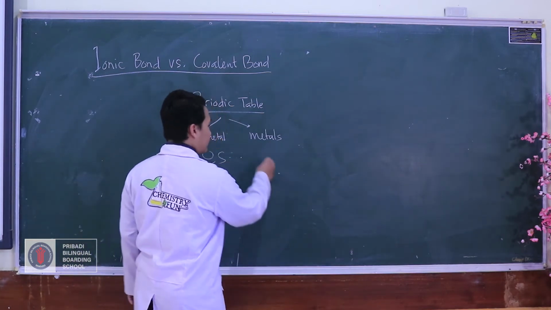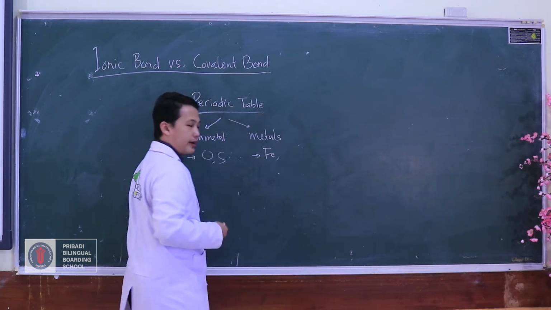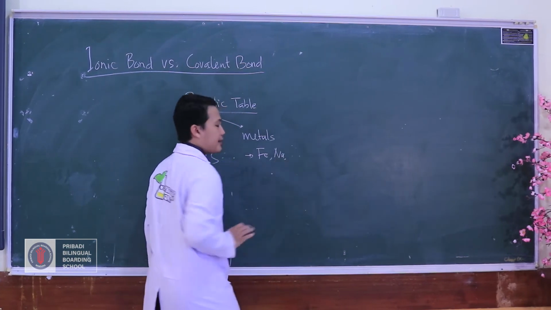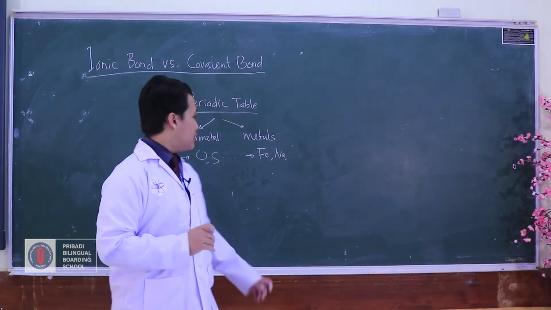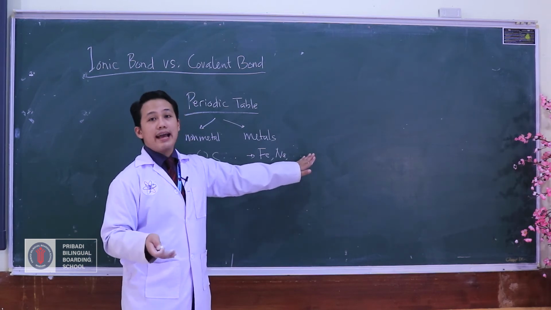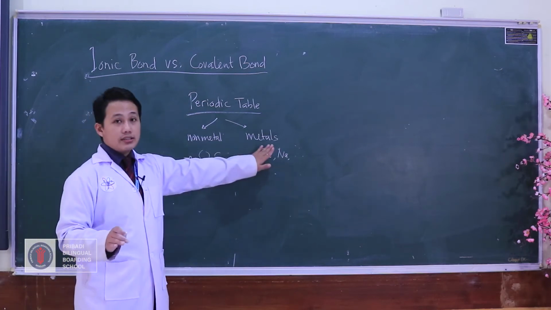For the metals, let's say there is iron. What else? There is sodium and many others. So please, it's your job to complete the examples of the metal and non-metal elements. I will not discuss this one further.